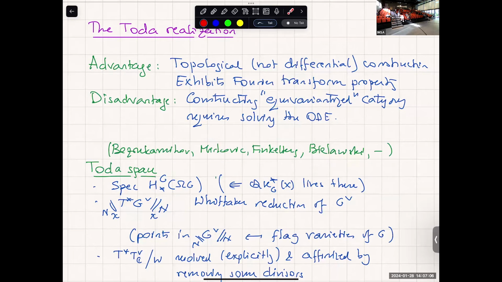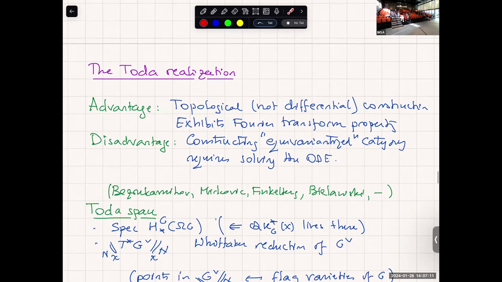The second picture is advertised from the beginning, a topological realization. And it has some advantages and disadvantages. The construction is topological, so you don't have to start with a differential representation of your category and the action, which helps.